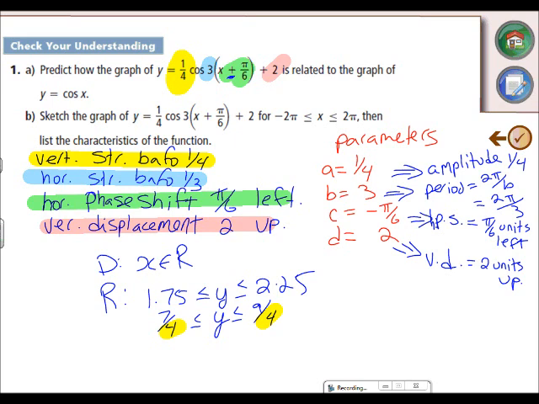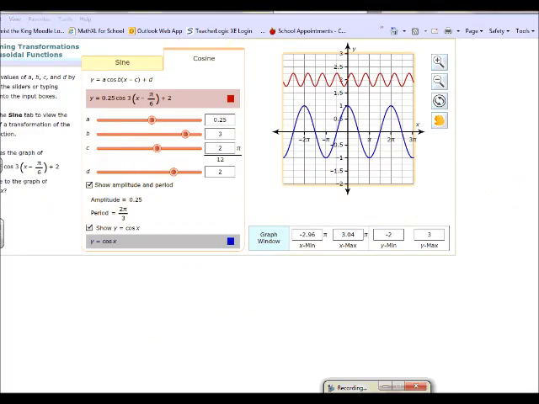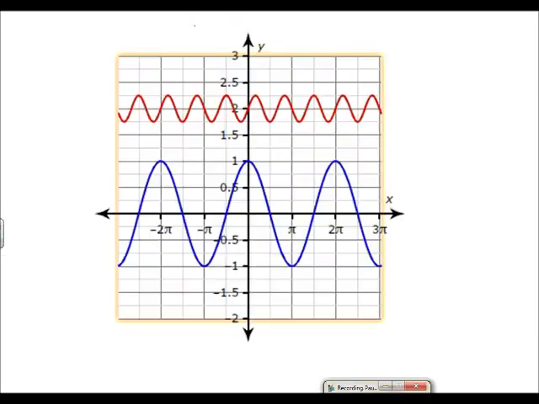So what we're doing for our range is we can think of it this way. Go to your midline, which is right here. And that midline, which originally was at 0, is that vertical displacement up. So our D value is the midline. Go and find your midline, the D value from the equation.